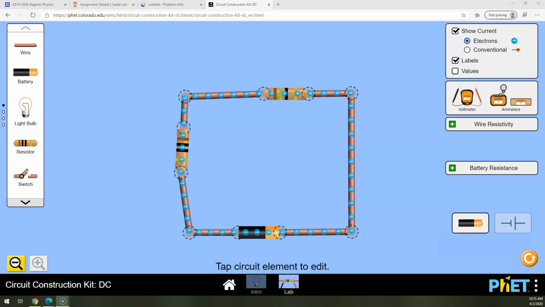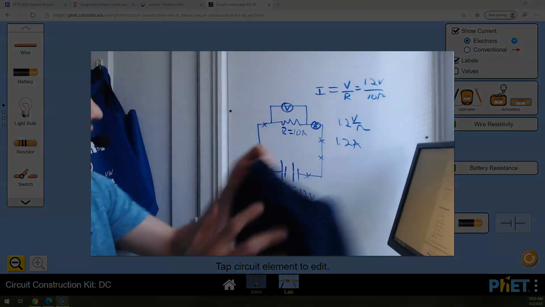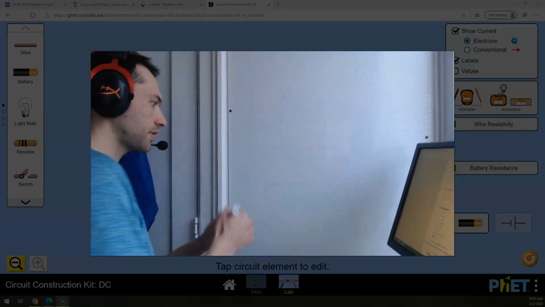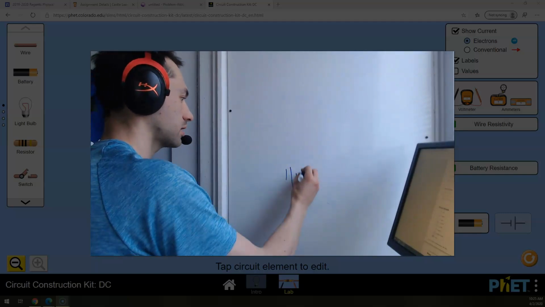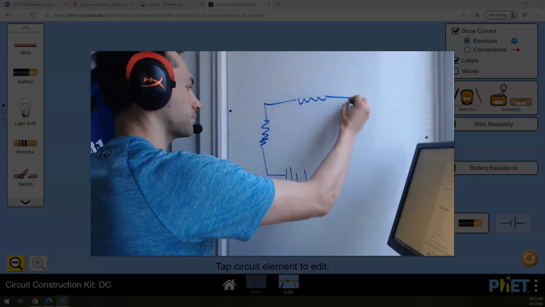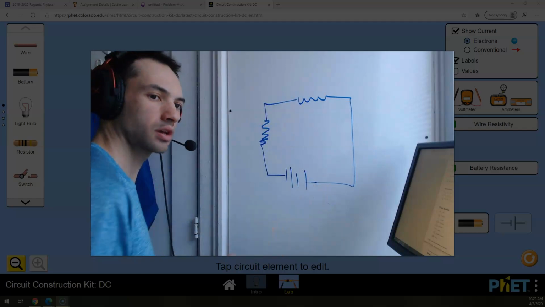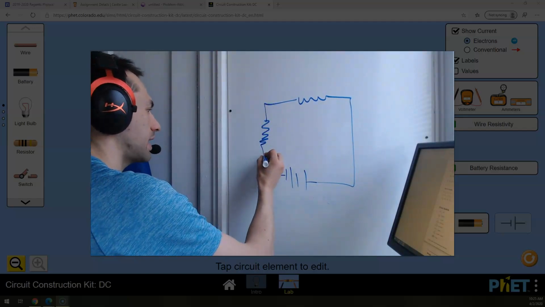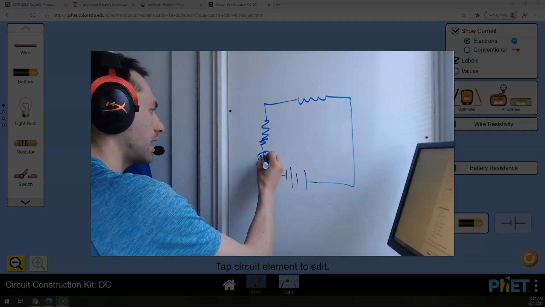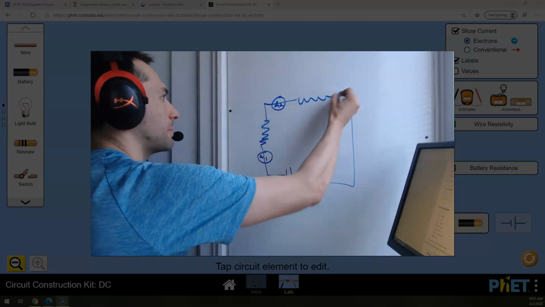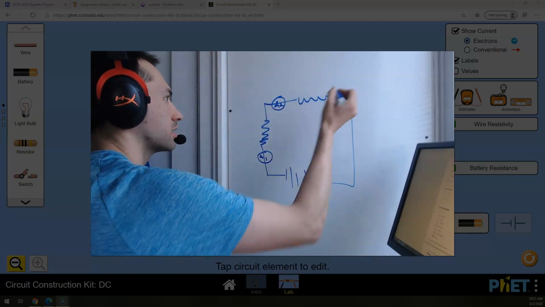So let's take a look at drawing this real quick. So when I draw this, I know I've got my battery. Again, no one cares which way you draw it on the Regents exam. So there's my circuit. And on the Regents, they might have something like this. They might have ammeter 1, and maybe they'll put ammeter 2, and maybe they'll put ammeter 3.